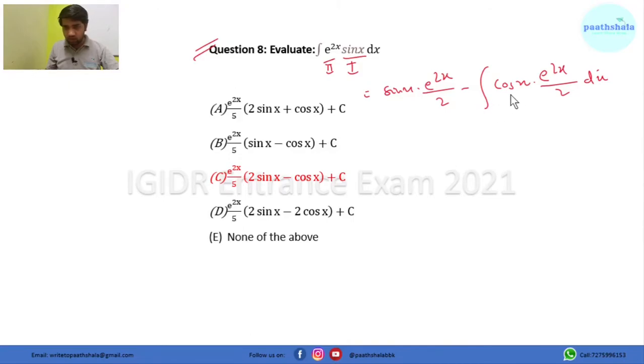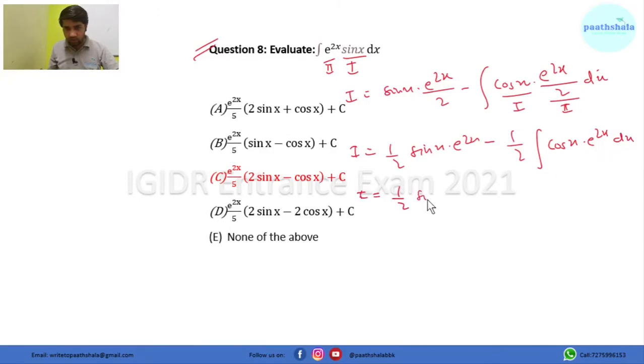Now again we have to apply integration by parts. So this will be first, second. Let's treat this as I. So I will come out to be half sin x into e to the power 2x minus half, which comes outside, of the integral of cos x into e to the power 2x dx. Now let's apply the integration by parts rule again.